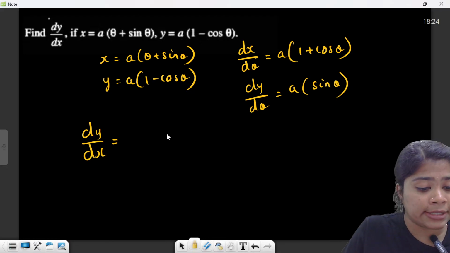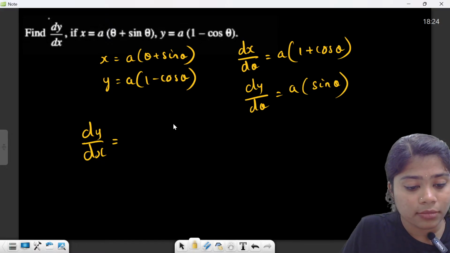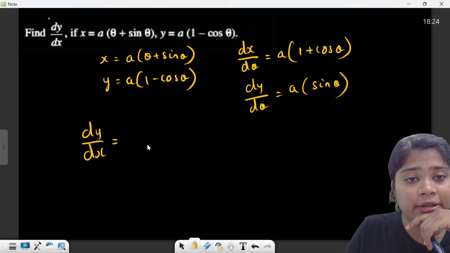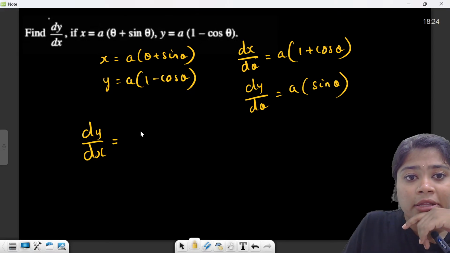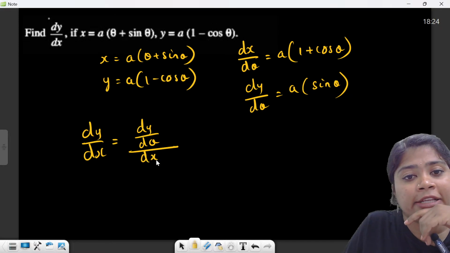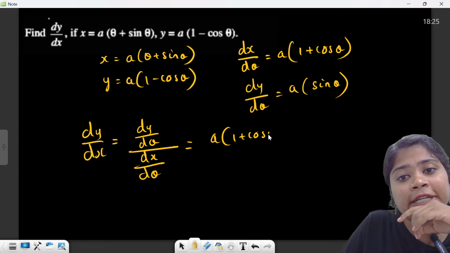dy by dx is nothing but dy by d theta divided by dx by d theta, which is a into 1 plus cos theta divided by a into sin theta.